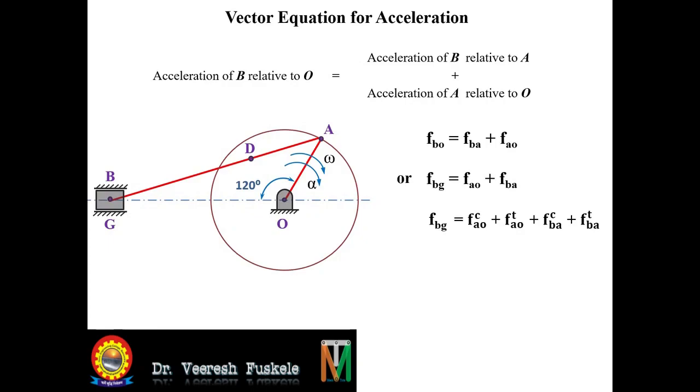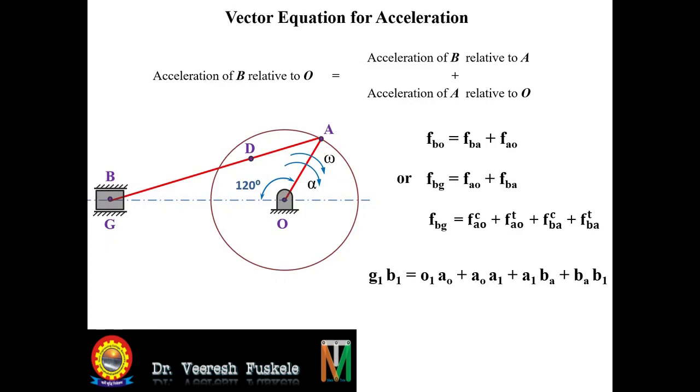This can be further written as G1B1. This is the total acceleration of B relative to the fixed point G, which will be equal to O1AO. This vector will be representing the centripetal component of AO, plus AOA1. This will be representing the tangential component of AO, and this in total, O1AO plus AOA1, will be O1A1, the total acceleration of the link AO.